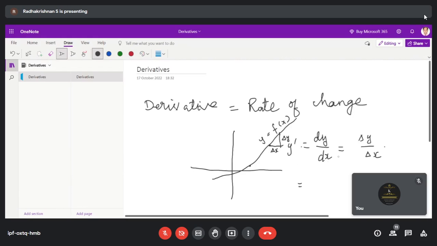So the limit of this delta y by delta x, limit of delta x tending to 0, delta y by delta x. Okay, so we simply put delta y by delta x, but the better definition would be exactly at a particular point. We have to take the limit when delta x tends to 0.